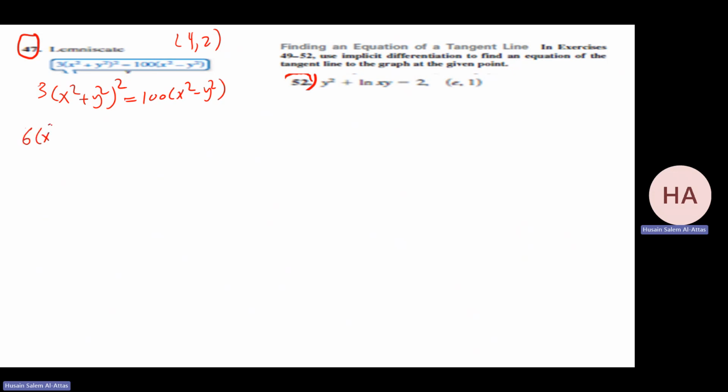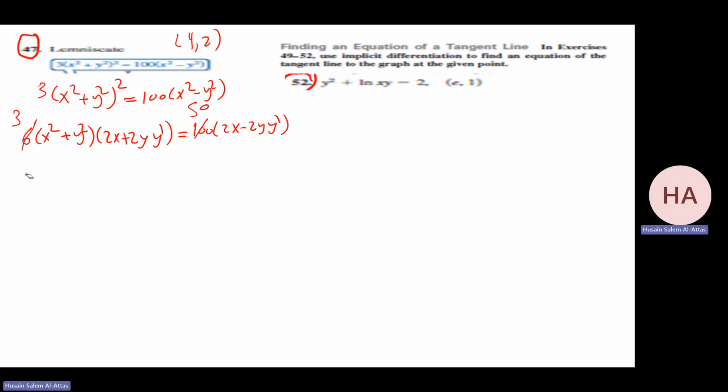You have 6x squared plus y squared 2x plus 2y y prime equals what? 100 2x minus 2y y prime. Divide, substitute, or I can divide 100 by 2. That will be 3, and that will be 50. Yeah, maybe that will save a lot of things. We'll see. Now I have 3.